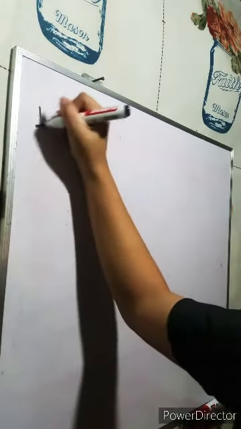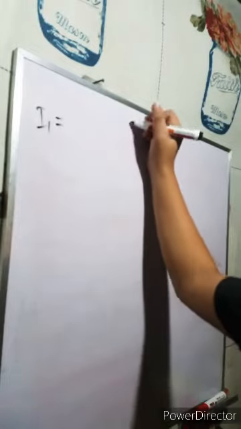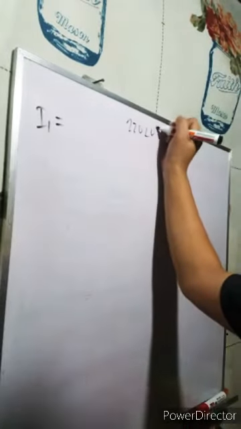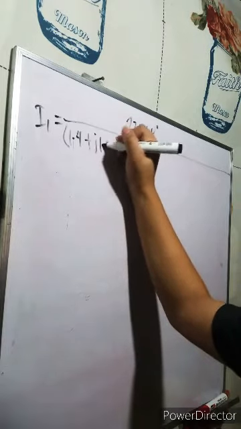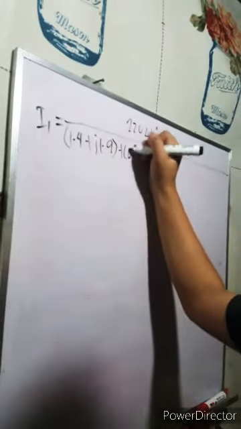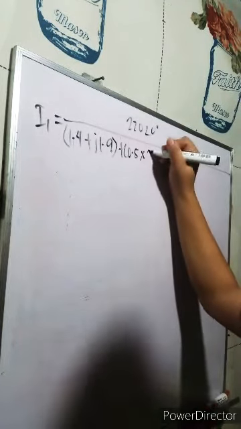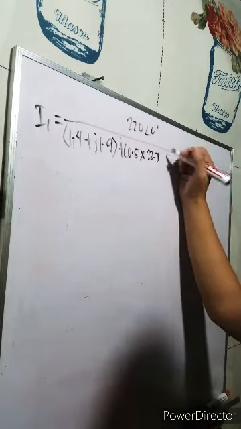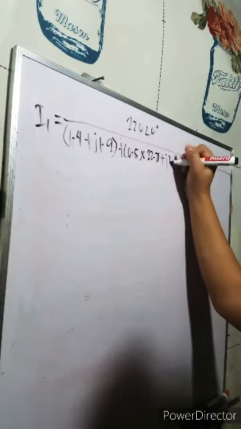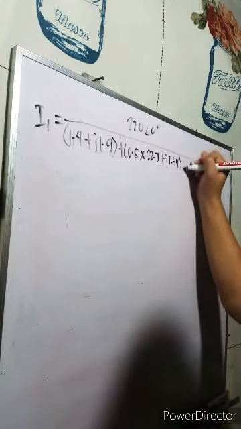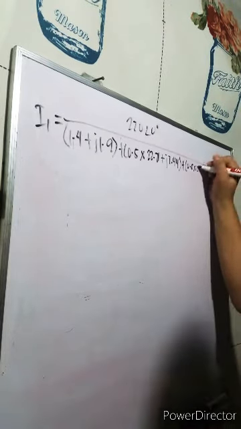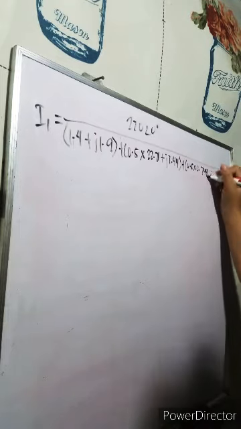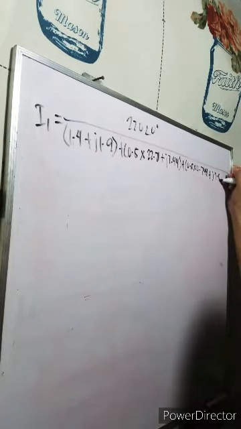Therefore, I1 is equal to the terminal voltage over 1.4 plus j1.9 plus 0.5 times (22.71 plus j7.44) plus 0.5 times (0.744 plus j1.87).